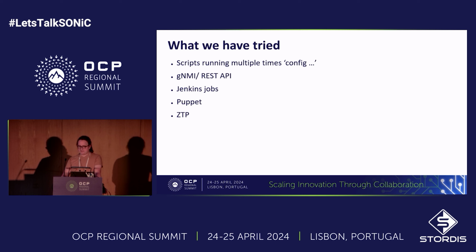And what have we tried already? We started at the beginning with simple bash scripts running loops of config something, config interface, config breakout. That still exists because it was the most reliable way to configure SONiC, as we can force the order of running these commands, because at the beginning, just loading config.db crashed SONiC.